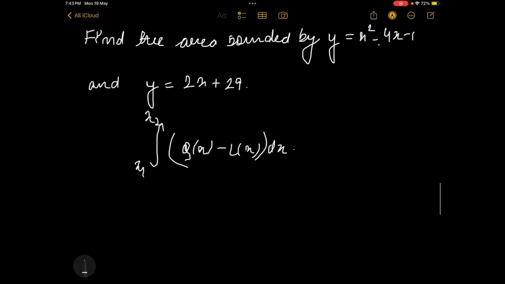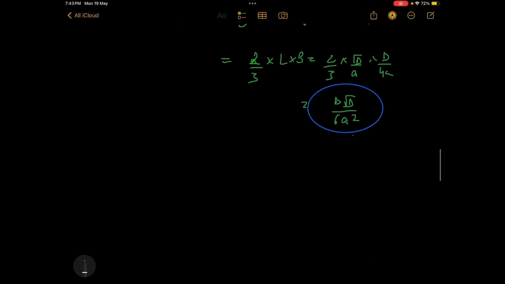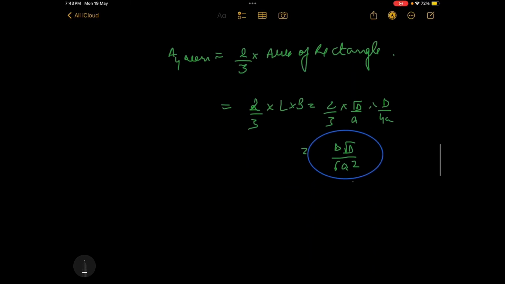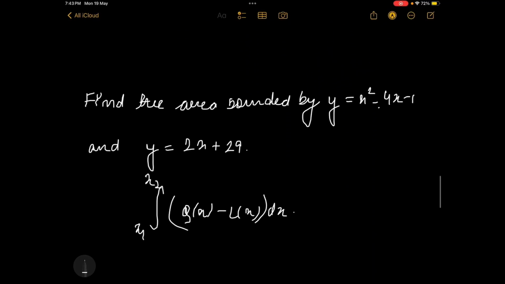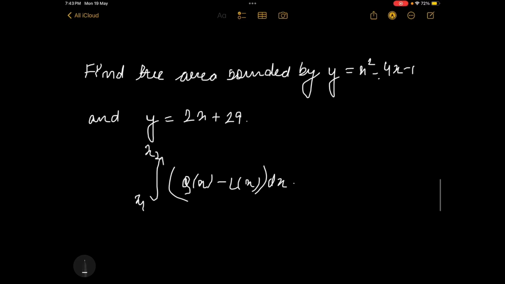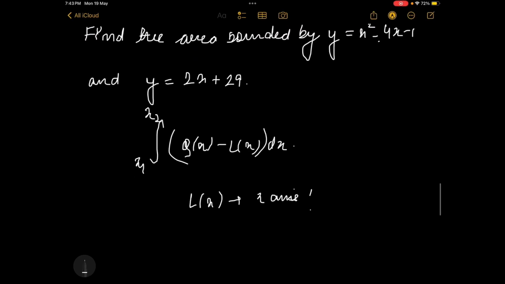Now, the above method, which I have told you, the area comes out to be D root D over 6a squared. It can be applied to this question also, as I can treat the line to be the x-axis and x1 and x2 to be the roots of the quadratic equation q dash x, where q dash x represents qx minus lx.